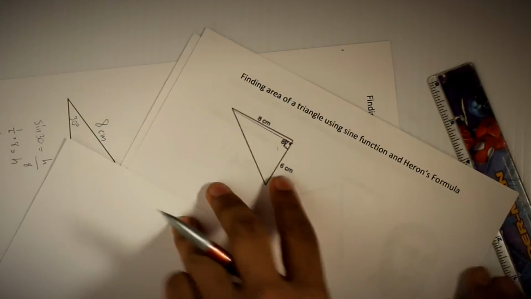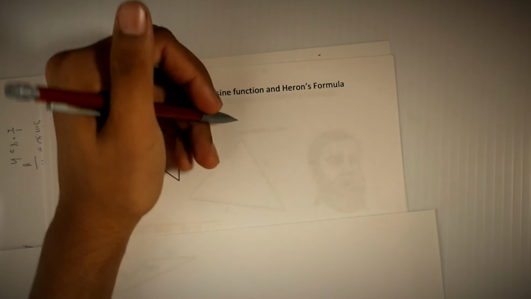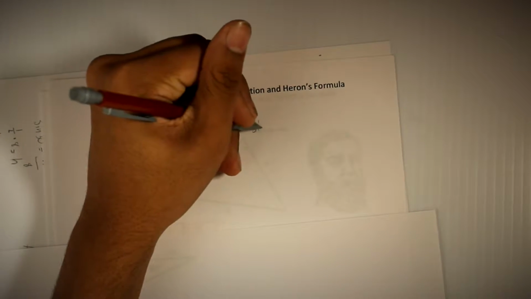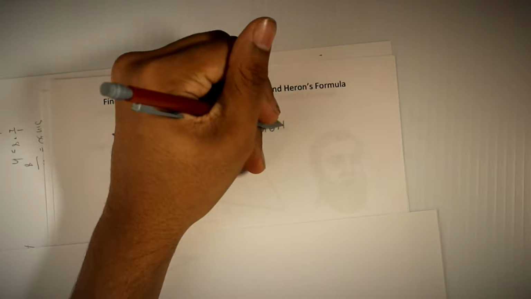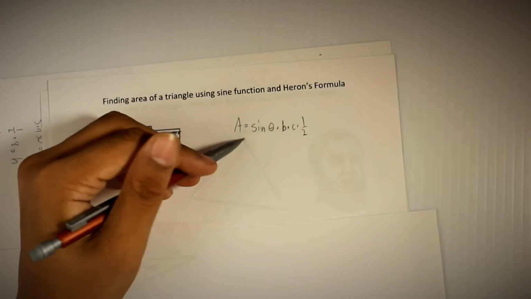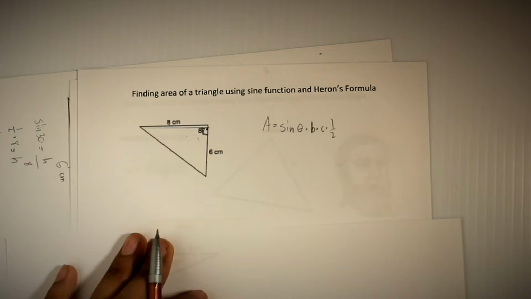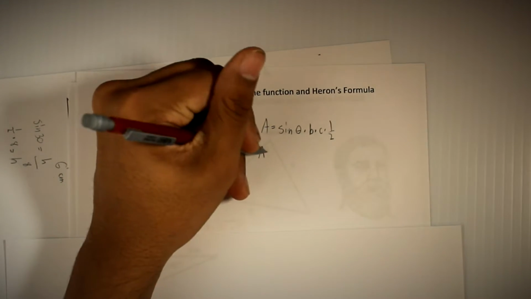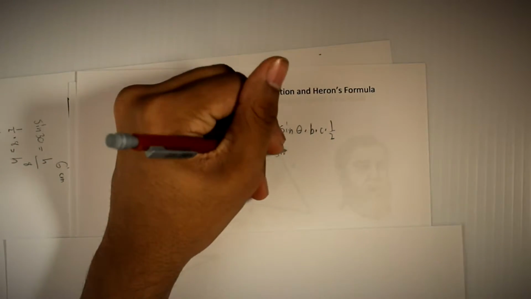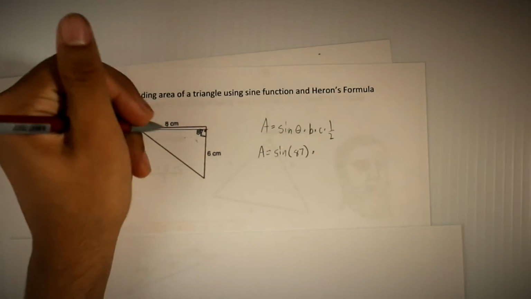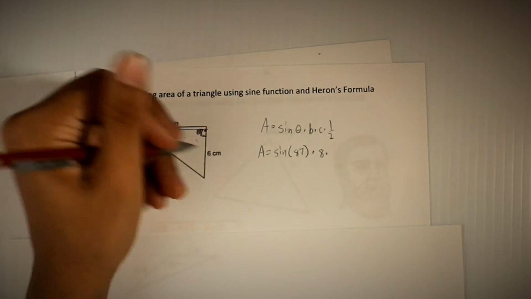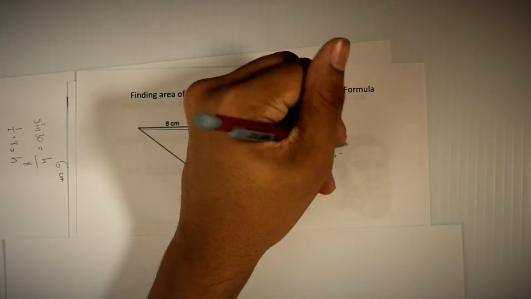So we plug it back into the equation that we had, which is area equals sine theta times side b times c, and then times the 1/2 that we had before. Area equals sine of 87 times 8 times 6 divided by 2.